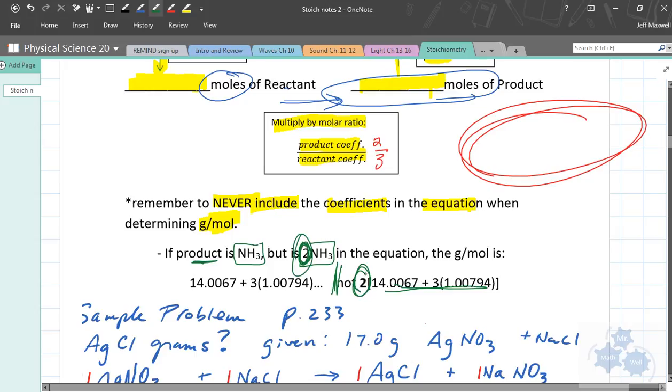You don't include this. You just focus on what the compound is, and you add up accordingly. So when you're finding grams per mole, don't multiply by the coefficient. That's not included. Questions?